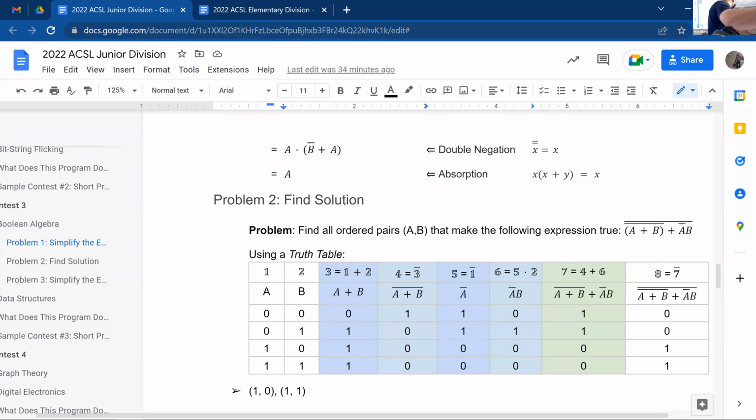Then you negate again, you've got a negation up here, and that gives you a 0 value.